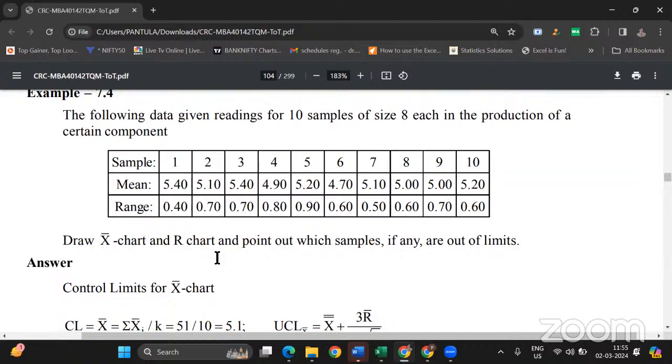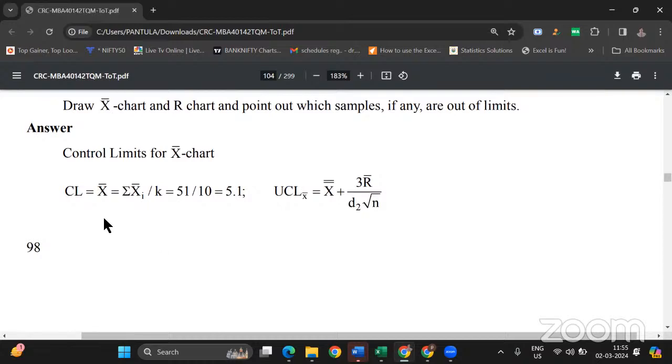First, we need to calculate control limits for X bar chart.